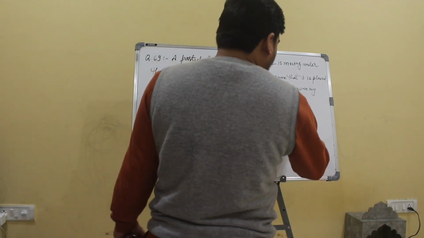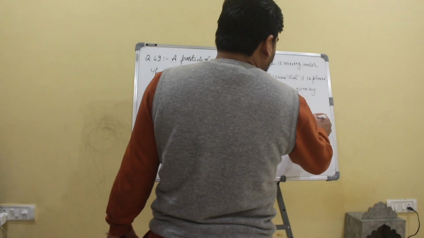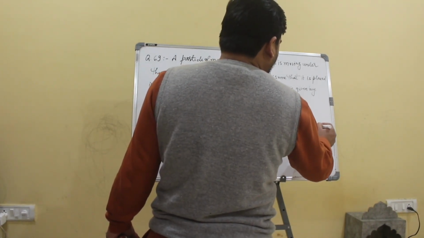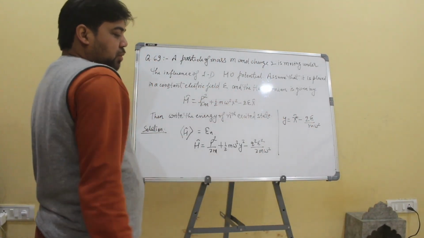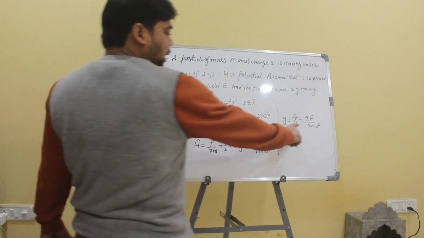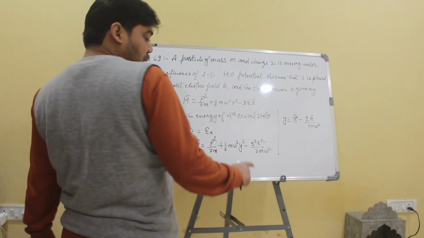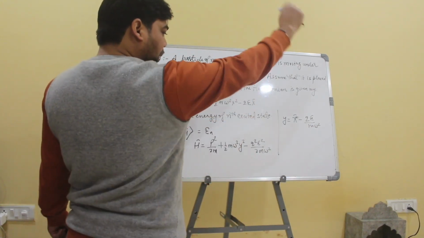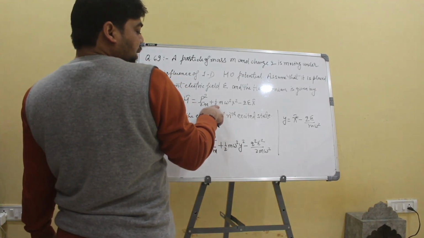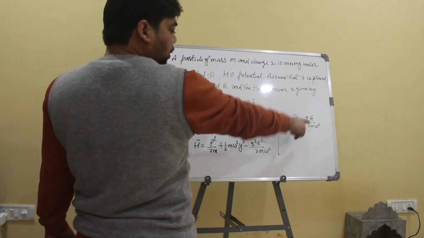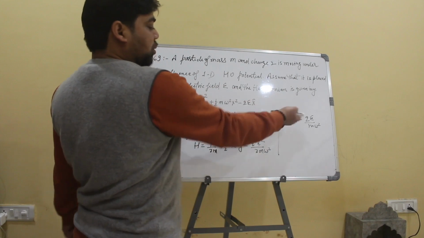Now how are we writing it? We are defining y equals x cap minus q epsilon divided by m omega square. If you put it in and change it, you can check that this is what we get. It will give x square plus q square epsilon square by m square omega square. Remember that you are taking half m omega square common here, and when you expand it, you will find this term coming from this only.